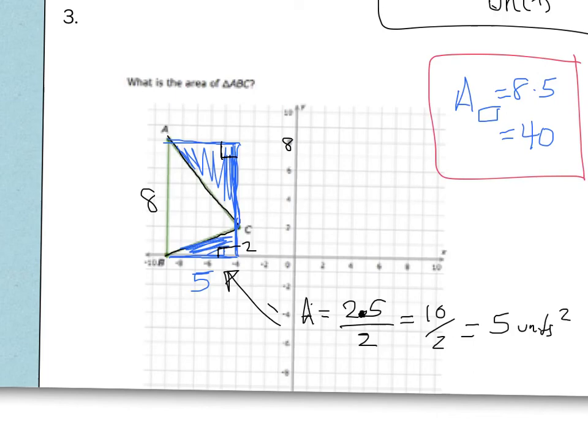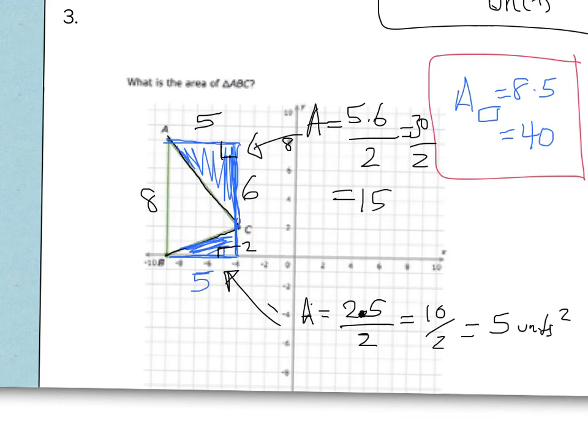And then let's do the top triangle, which we can see is also going to be 5. And over here, this would have to be 6 because this is 2. We see that. And we know the whole thing is 8. So this has to be 6. So that's area equals 5 times 6 divided by 2. That's going to be 30 divided by 2, which gives us 15 units squared. So now remember, we started off with 40 here.